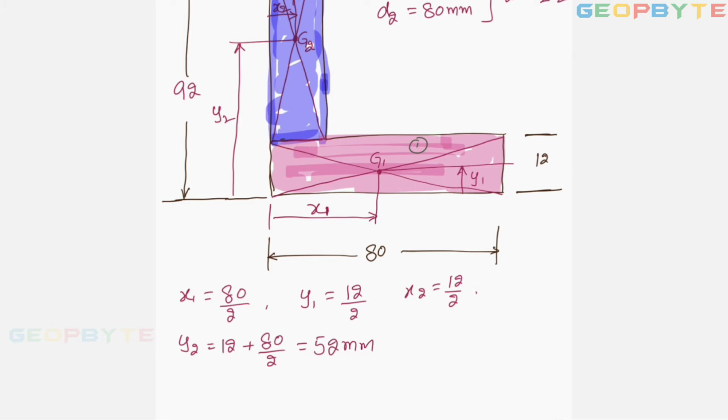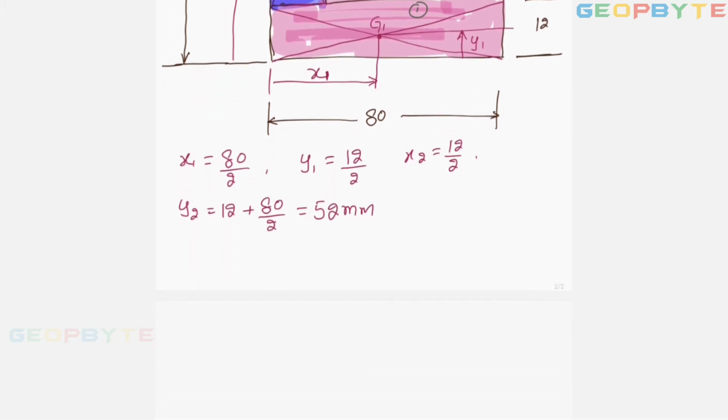52 mm. Then you find x bar equal to a1 x1 plus a2 x2 by a1 plus a2. You put all the values and simplify to get x bar as 23 mm.